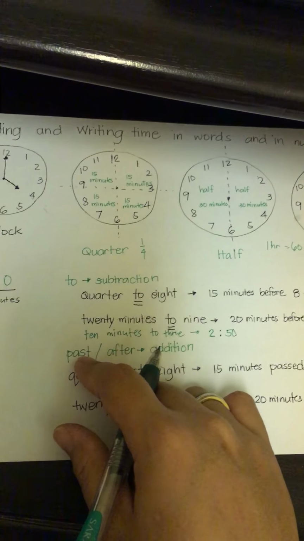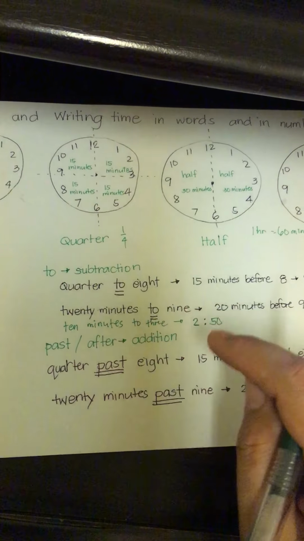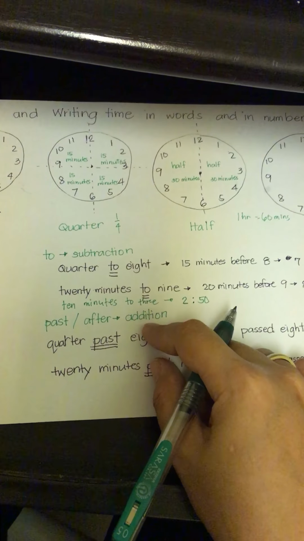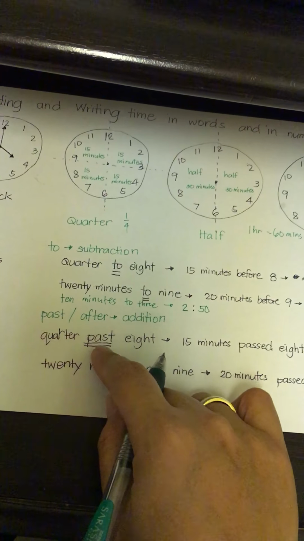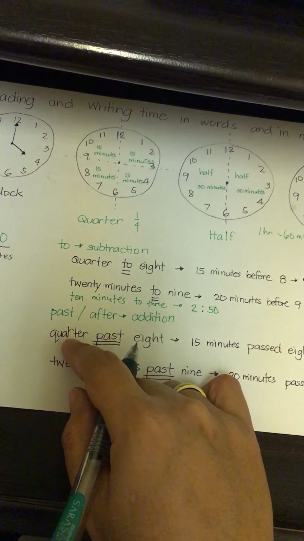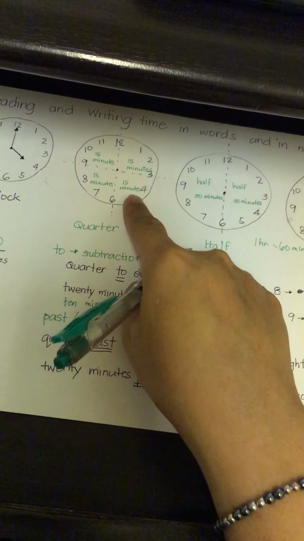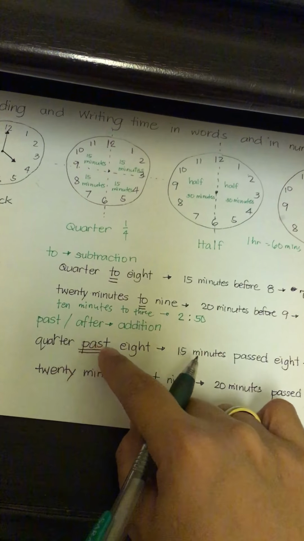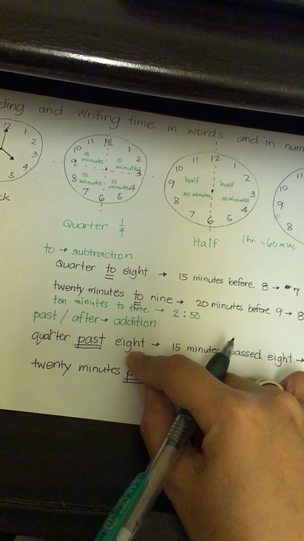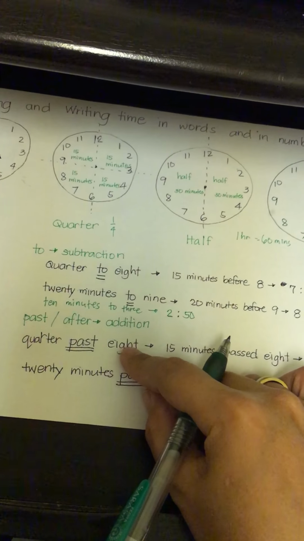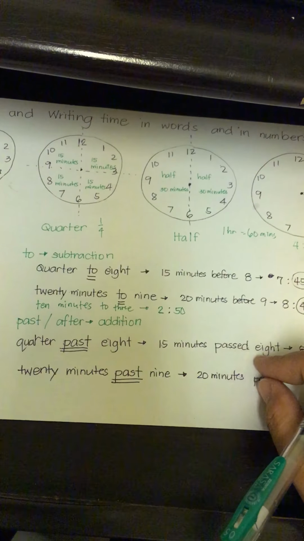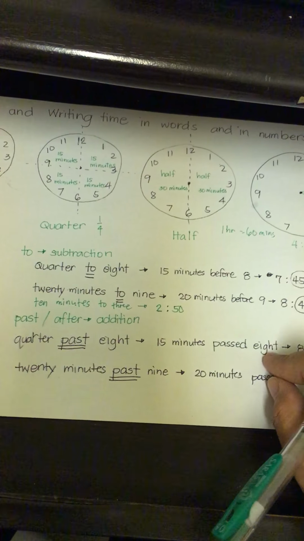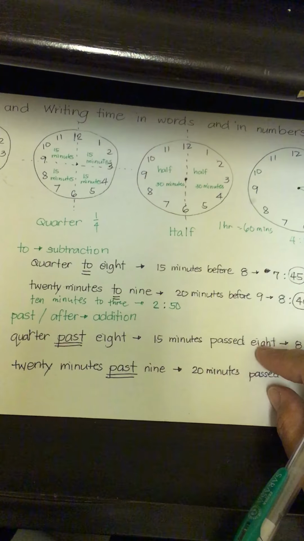Now let's go to the word past or the word after. It means addition, because it's already past. Let's have an example: quarter past 8. Again there is the word quarter. Quarter is 15 minutes. So quarter past 8 means 8 o'clock already passed, 15 minutes past 8.